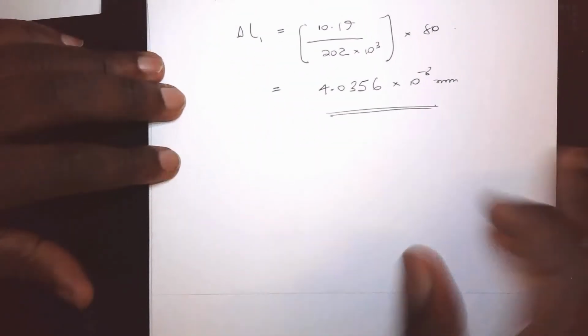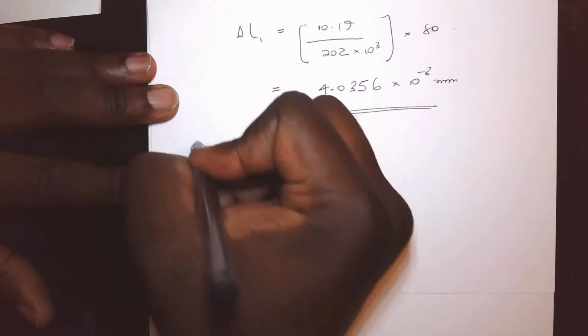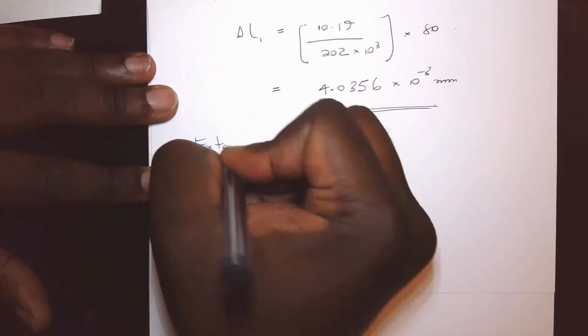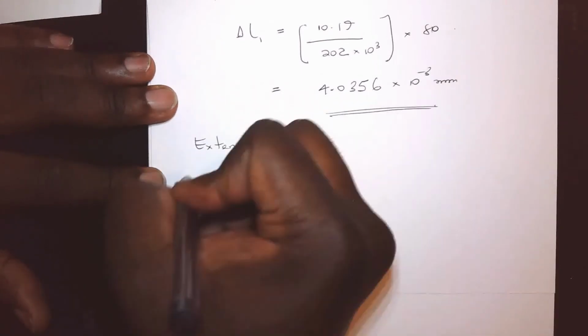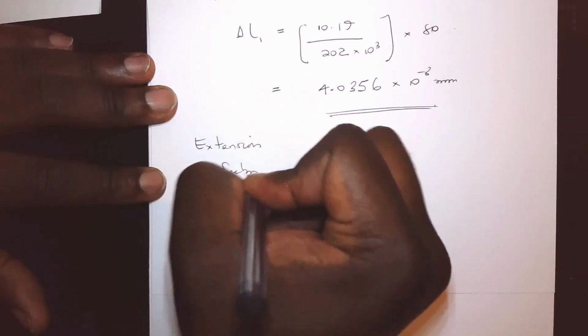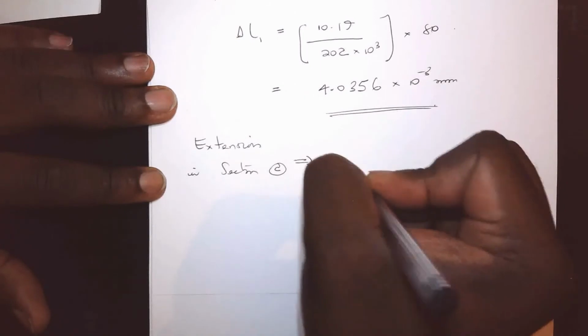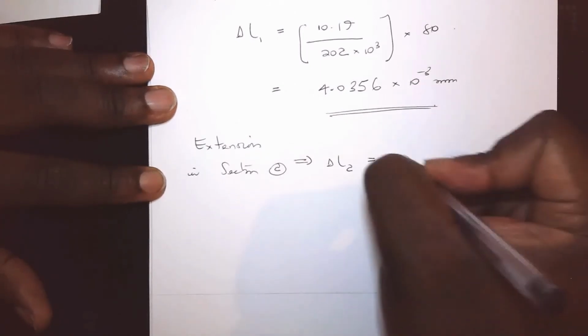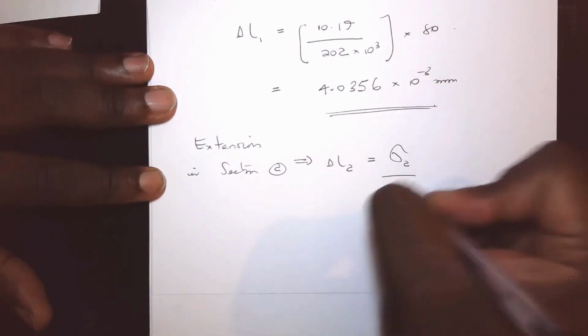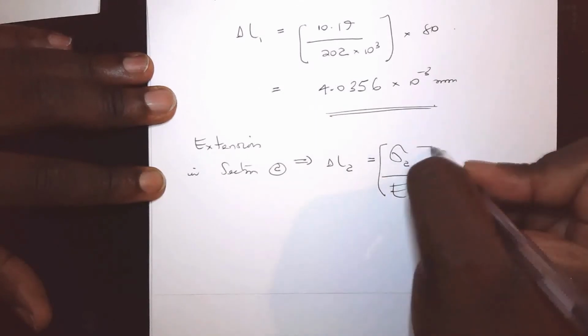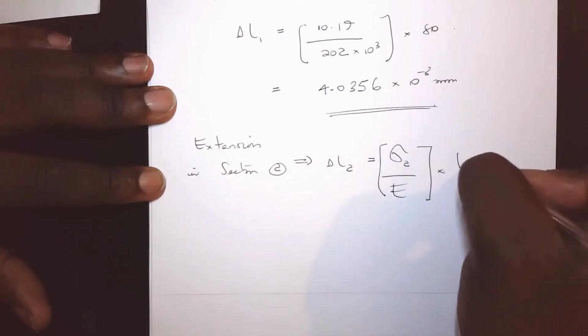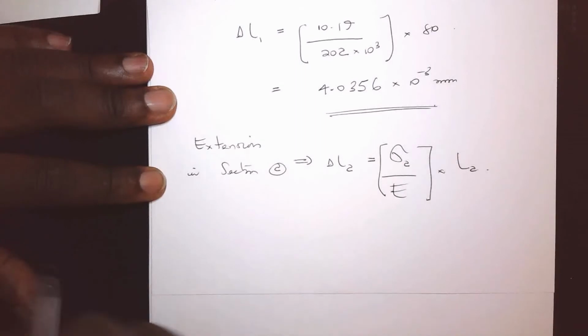So we'll do likewise for section 2. So the extension in section 2, delta L2, will be equal to sigma 2 over E times L2.